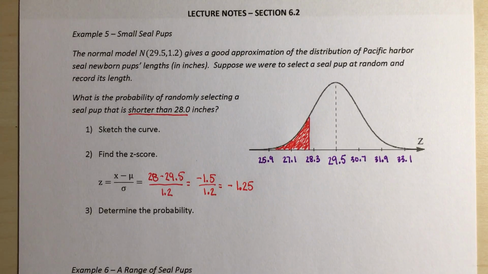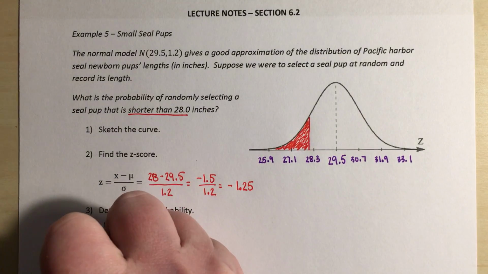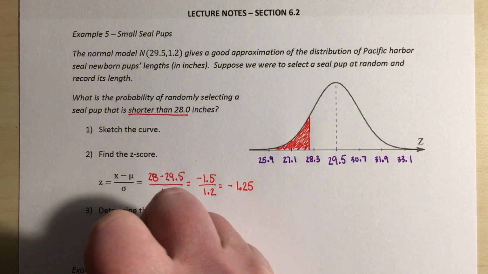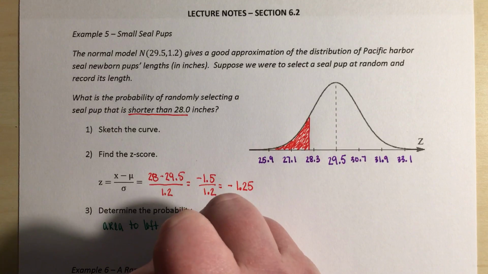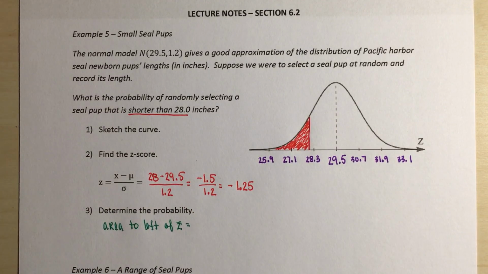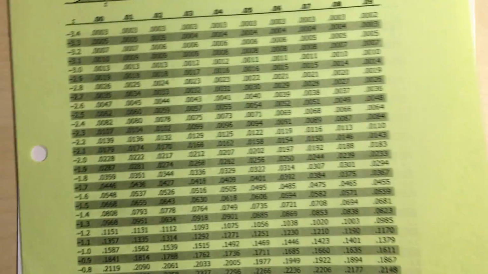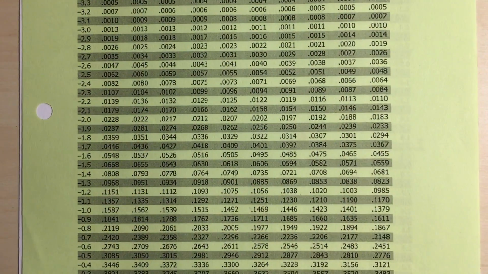All right, so now we're going to find our area to the left of z. We're pulling out our table here. We're on our negative side, and we are looking for negative 1.25.